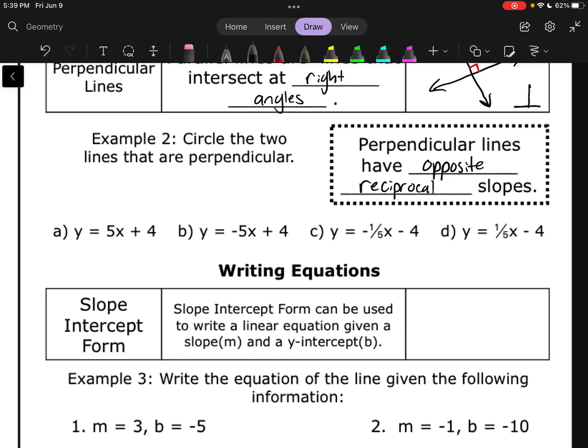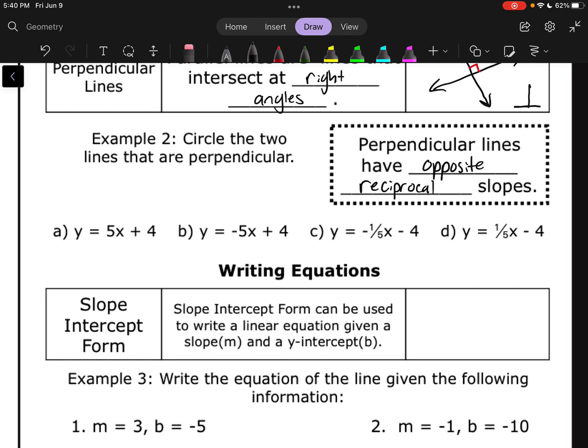slopes. Now, what does opposite reciprocal mean? That means that you take it and you flip it, and then you change the sign on it. Opposite means change the sign, reciprocal means flip it. So which ones have been flipped and had the sign changed? Well, let's see here.